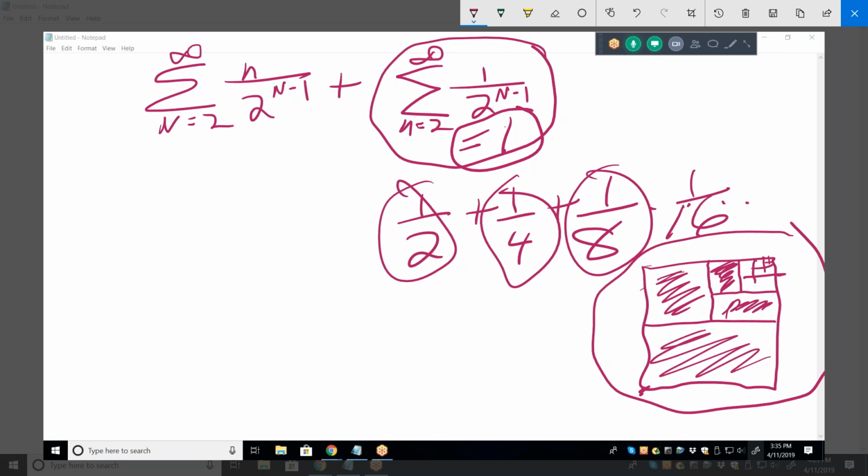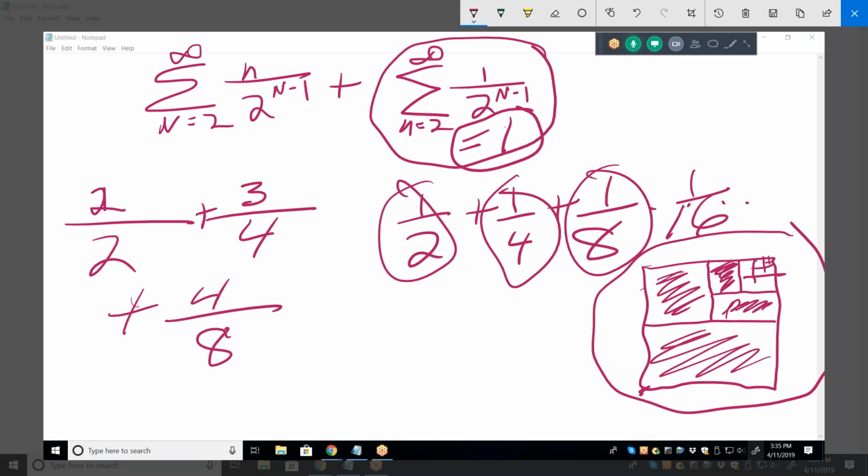What is this other series? That starts at 2 over 2 plus 3 over 2 squared plus 4 over 8 plus 5 over 16.